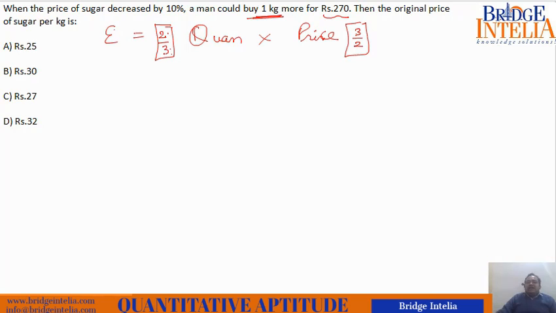It means earlier if you were buying 3 units, now you would be able to buy only 2 units. This also means earlier if the price was rupees 2, now the price is rupees 3. So this is the balancing effect in these kind of questions. Expenditure, consumption. So let's see how to solve this one.